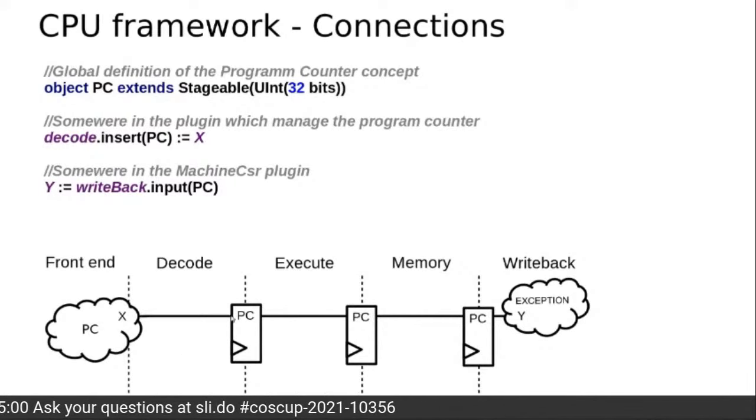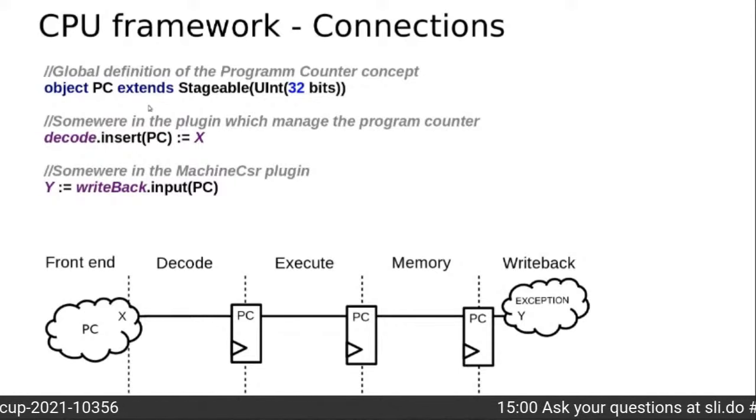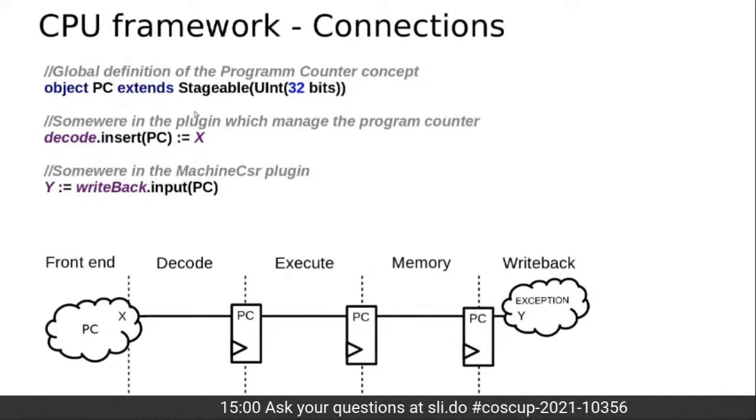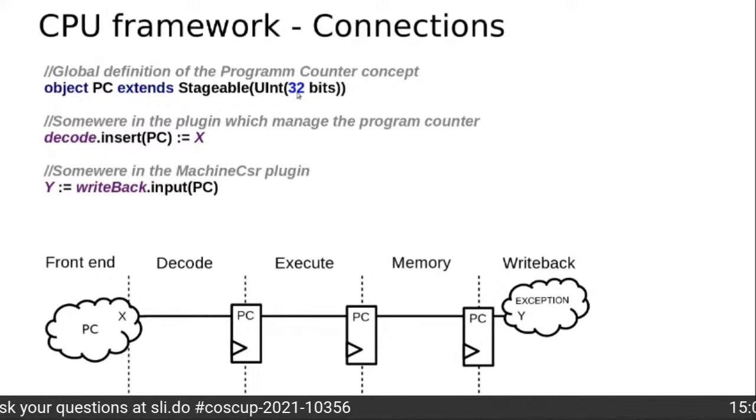So here the idea is let's define the concept of program counter as a stageable value of that data type. So here we're not defining a signal, we're defining the concept of program counter shared through the pipeline.